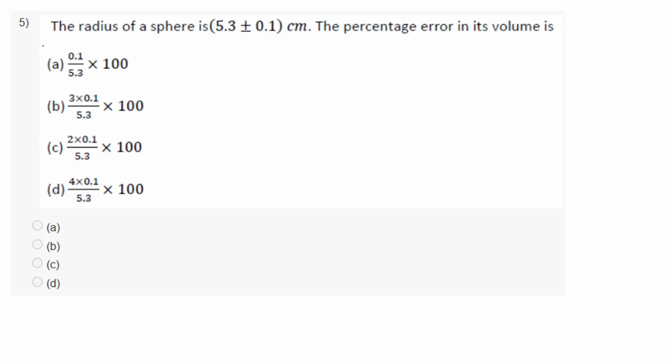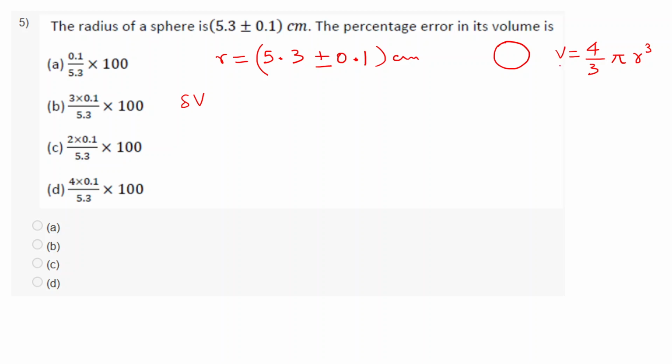Here the radius of a sphere is 5.3, and there is some error in this value as well, and this is in centimeter. We need to calculate the percentage error in volume. For a sphere, volume is given by 4 by 3 multiplied by pi multiplied by the cube of the radius.